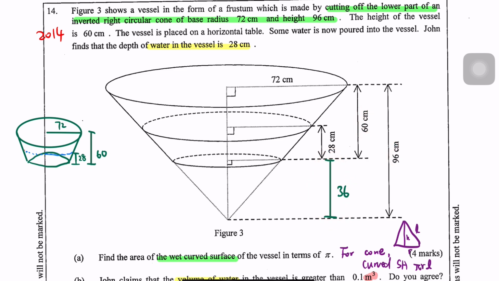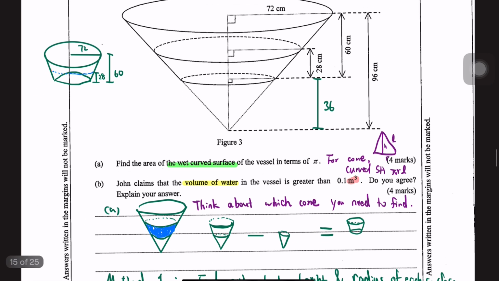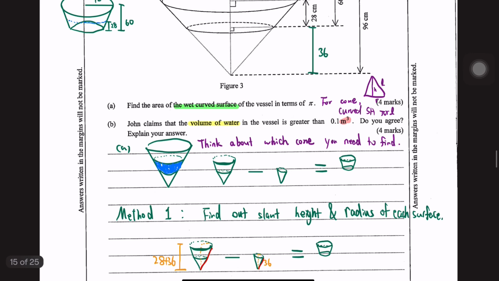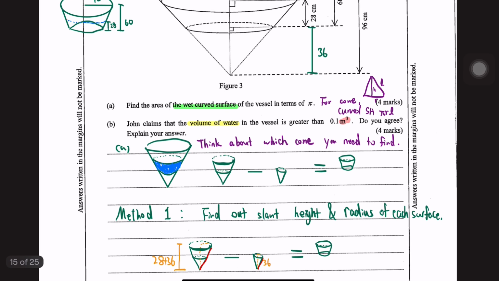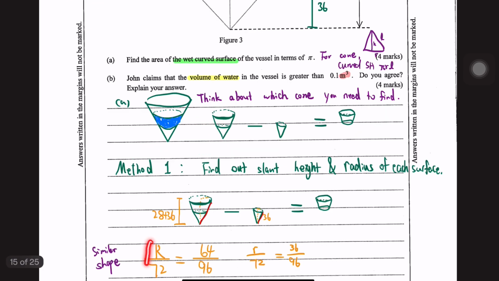So we use the ratios to help us find out the radius. The ratio of the radius should be the smaller, the radius of the frustum over the largest cone. So R over 72 equals the height of the smaller cone plus the frustum over the largest cone.